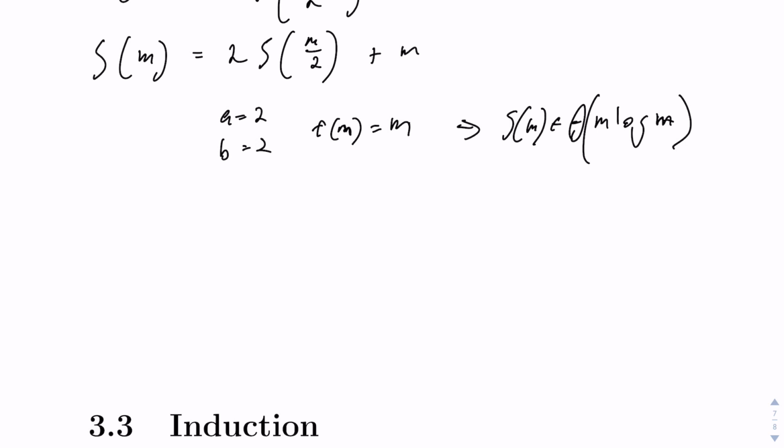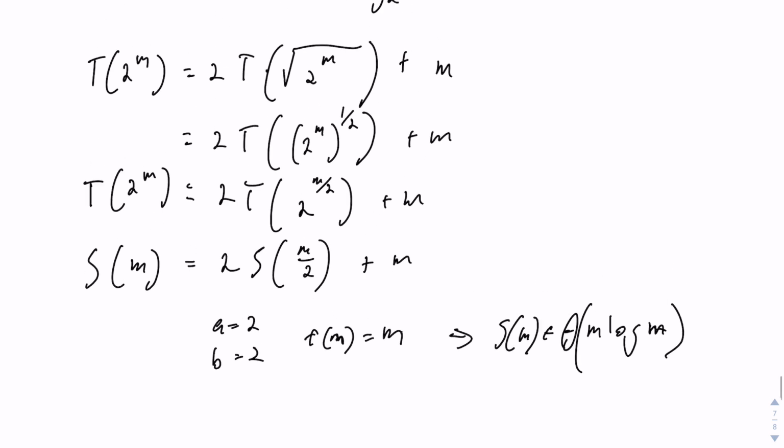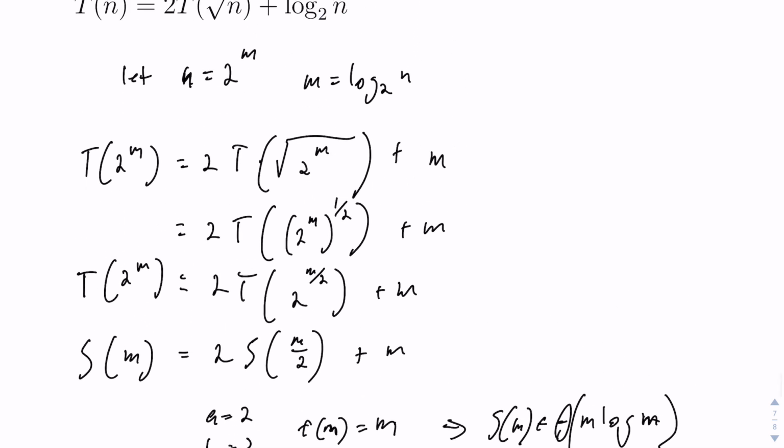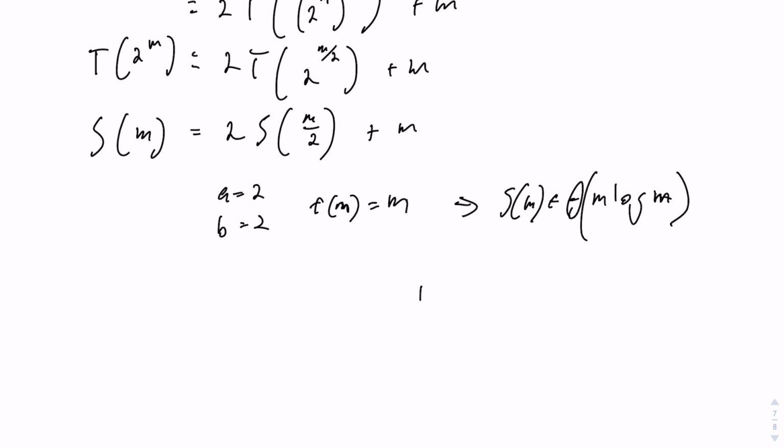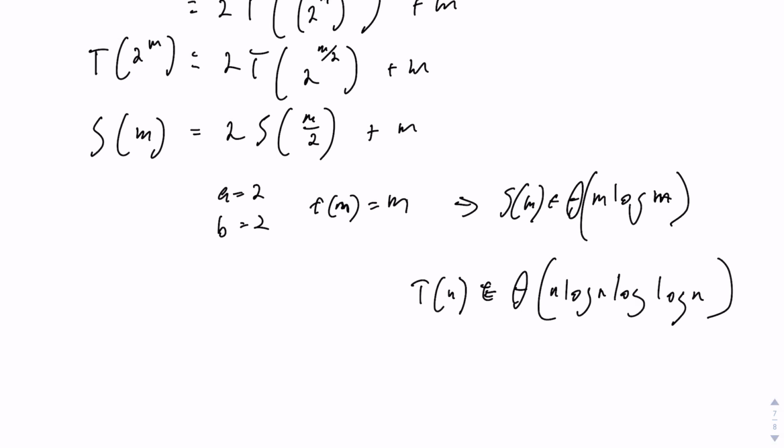Now all we have to do is substitute back. What was m? m was log base 2 of n. So now to find the runtime of T of n, we substitute back.